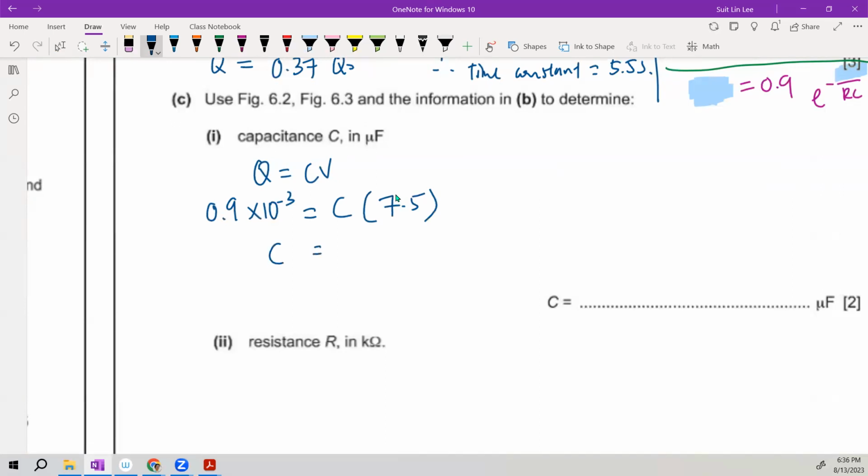So this means your C would be 0.9 over 7.5, which is 120 microfarad.